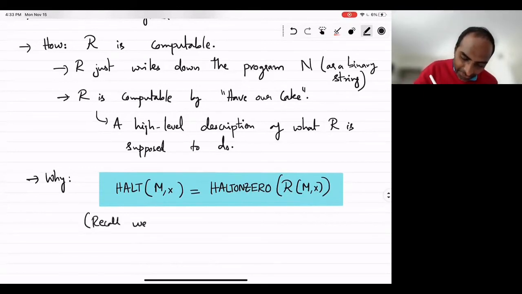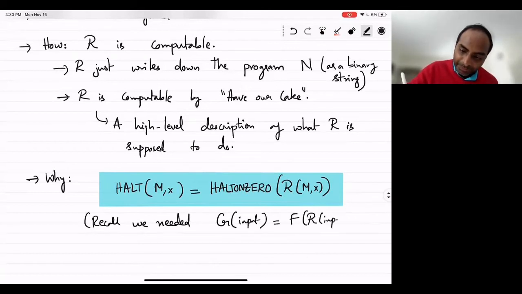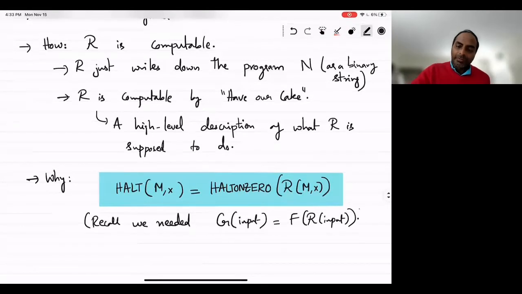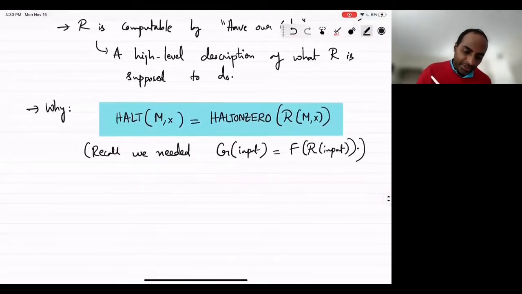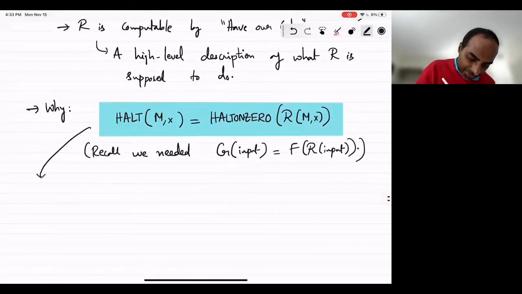So recall we needed G of input equals F of R. Okay. So let's check this. We need to check an equality here, and we can do this in two steps.